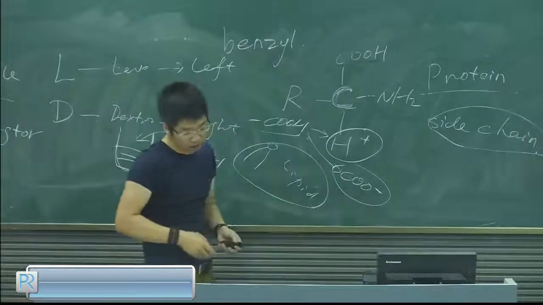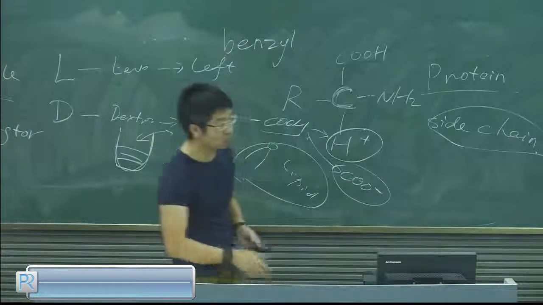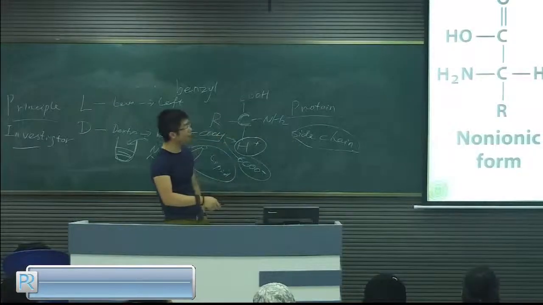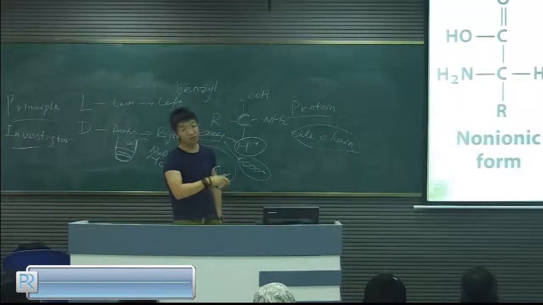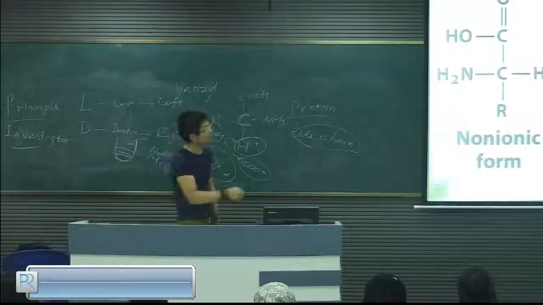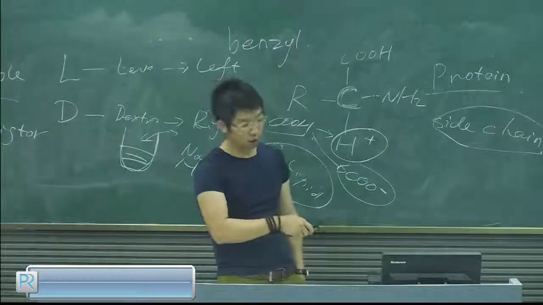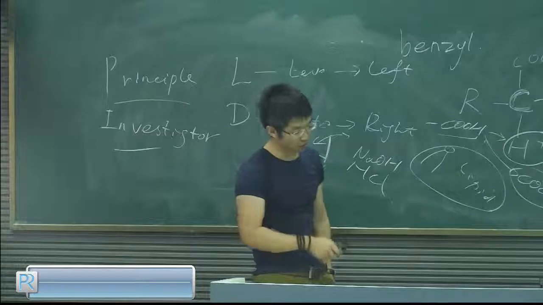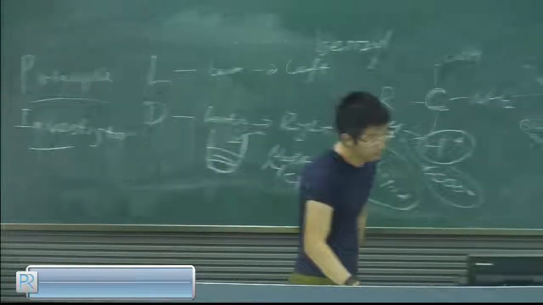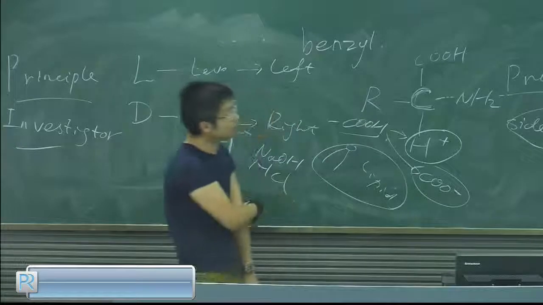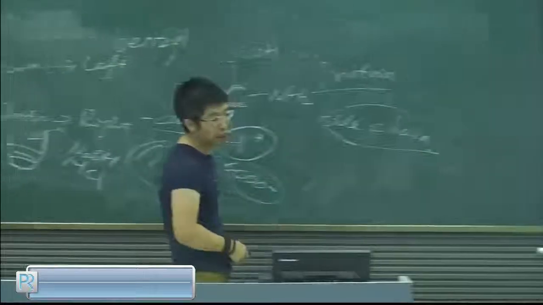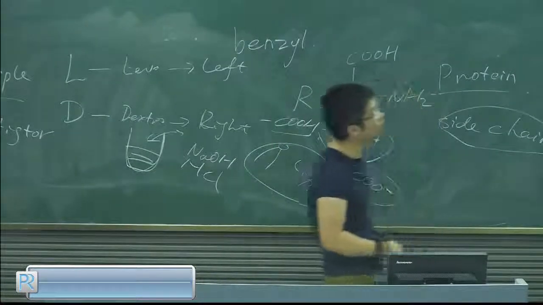You can use another figure to illustrate this form. Here, the left one is the nonionic form, but the right one is the ionic form, because this group and this group can be ionized. Here it releases a proton, and here it releases a hydroxyl ion. Based on this, you can see 2.34 and 9.6 if you add some other solutions.